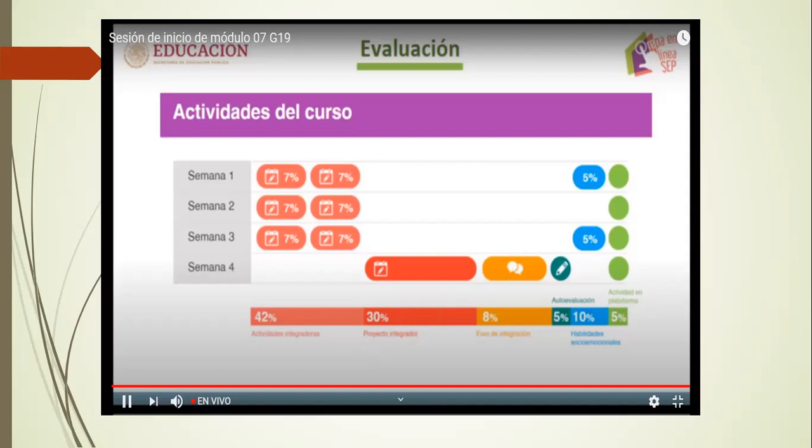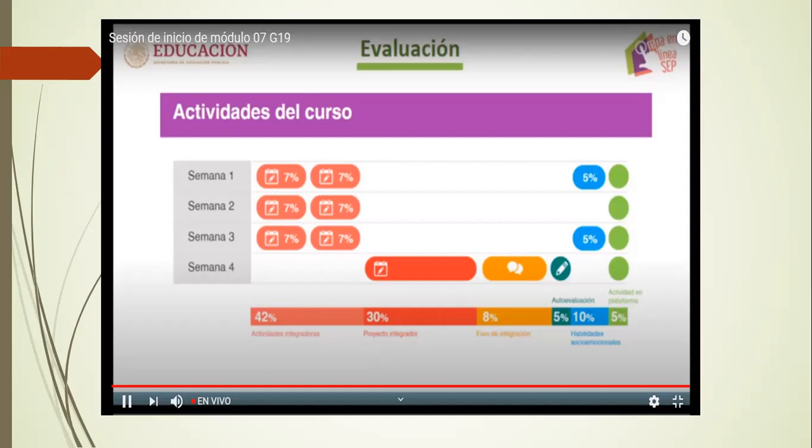And then we have the integrative project that carries 30% of your grade. And then we have a forum. Remember that in week number 4, we have 2 forums, the learning forum, and we also have the integrative forum, that carries 8% of your grade. This is a forum that you cannot miss, because it carries 8% of your grade.